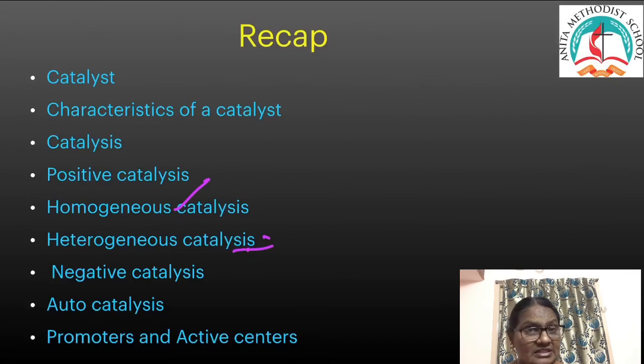Instead of increasing the rate of the reaction, it decreases the rate of the reaction. Then it is called negative catalysis. What is autocatalysis? I don't add any catalyst. Suddenly the rate of the reaction increases on its own. One of the products formed acts as the catalyst. What are promoters? They help the catalyst to be more effective. And we also saw what is called catalytic poison.